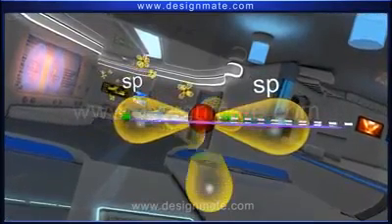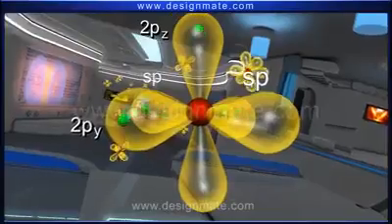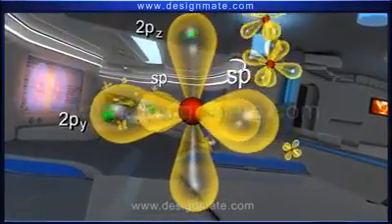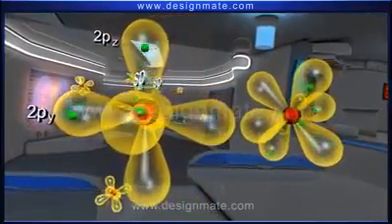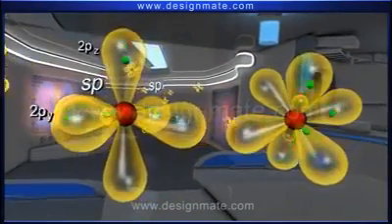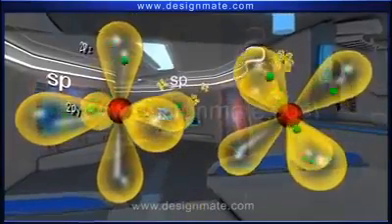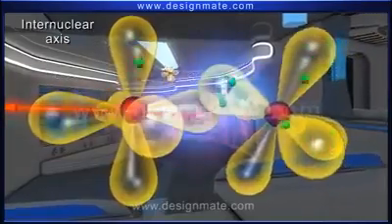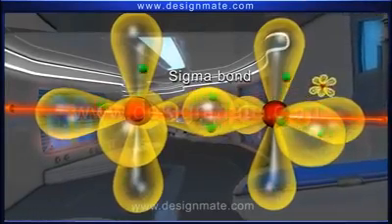Now, this carbon atom is ready to combine with other atoms. Imagine another sp hybridized carbon atom approaching this carbon atom, such that the sp hybrid orbitals of the two carbon atoms face each other. These orbitals overlap along the internuclear axis, resulting in a sigma bond.